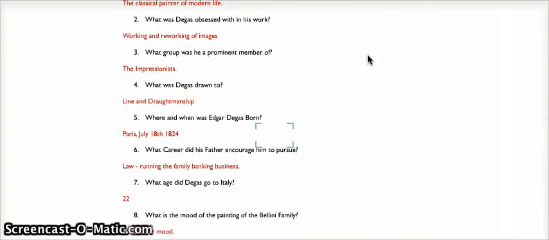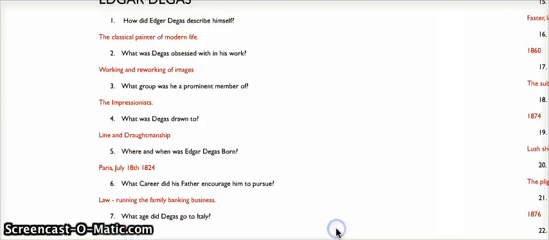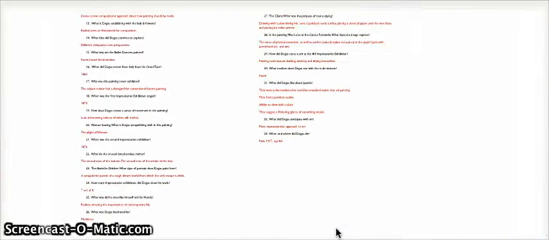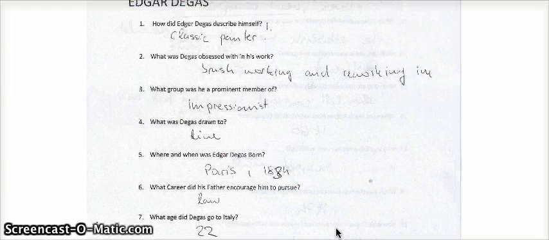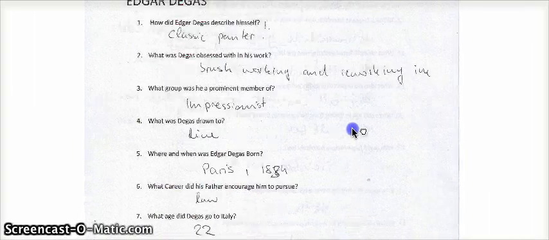Here are the answers. And here are examples of students' work. All the students were eager to complete the questions within the lesson.